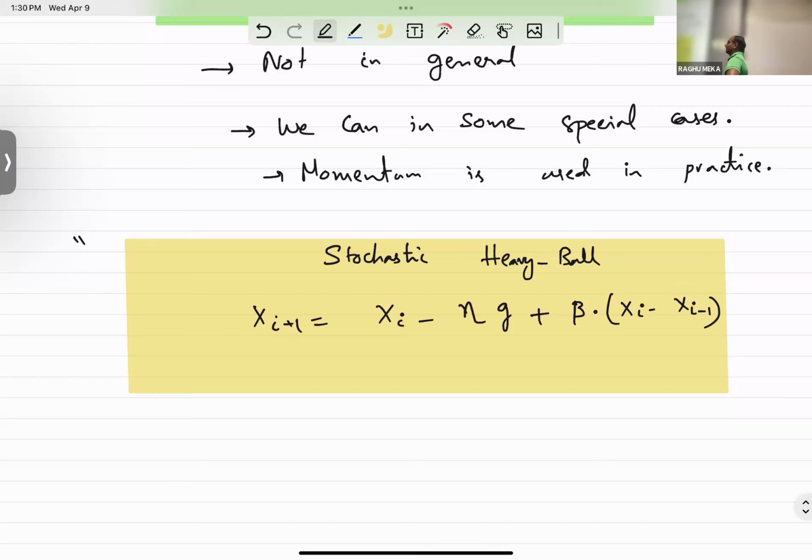Okay. It doesn't give you acceleration in full generality, but you can still use it. Typically, you try to be more conservative here, but you can definitely run it. And it does give you a boost in practice. Any questions about it? Okay. Any other questions?